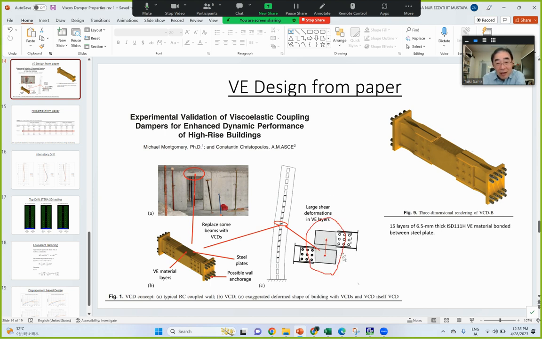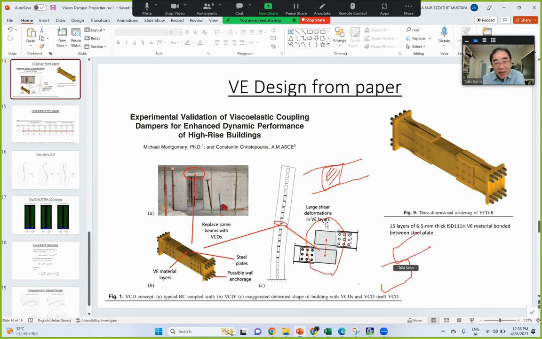I think this is the deformation, like how the viscoelastic material deforms. Before deformation, is it going up and down vertically, or is it designed in this way?